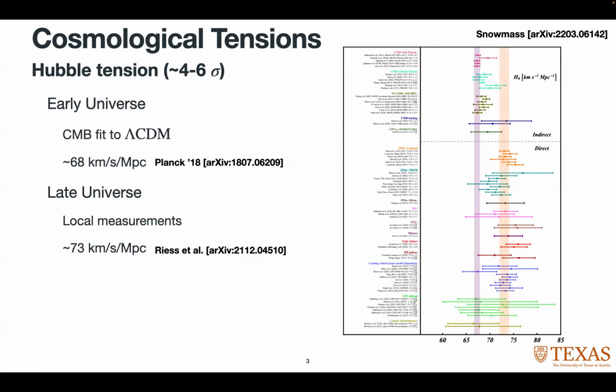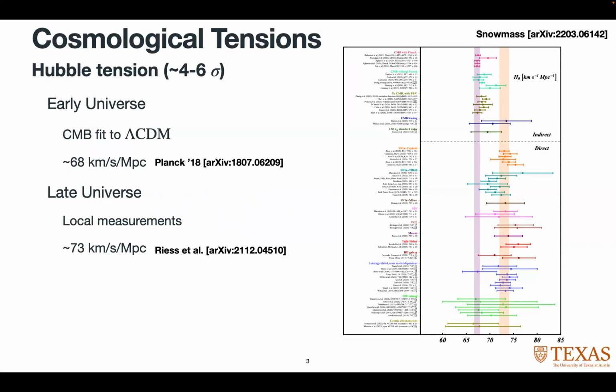Accordingly, there have been many efforts to measure this Hubble constant by many collaborators and experiments, where people realize that there are some clear discrepancies. There are 4 to 6 sigma discrepancies between early universe data and late universe observation.